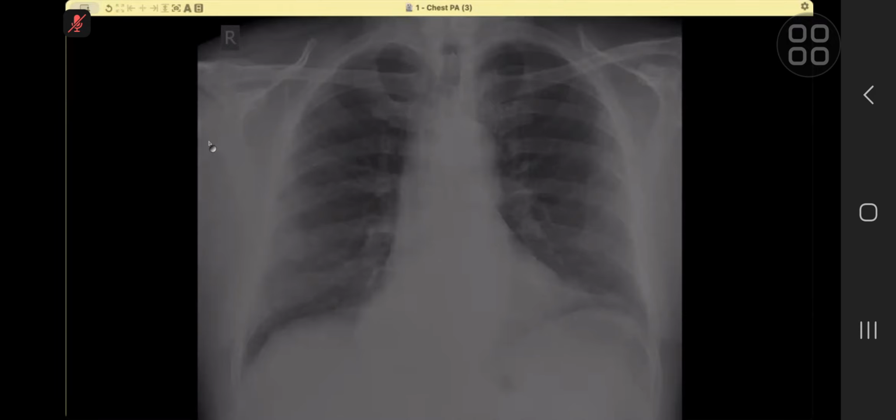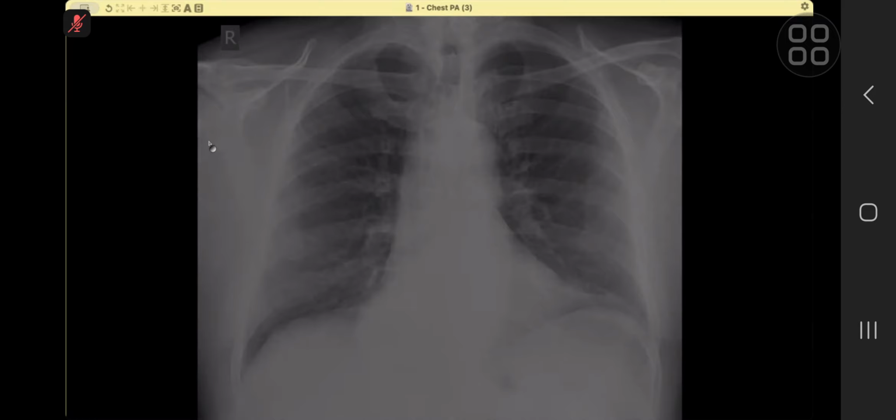I think this is the right eighth and seventh rib, which appear expanded. The other ribs appear normal. There is no lung nodule or mass noted within the lung.